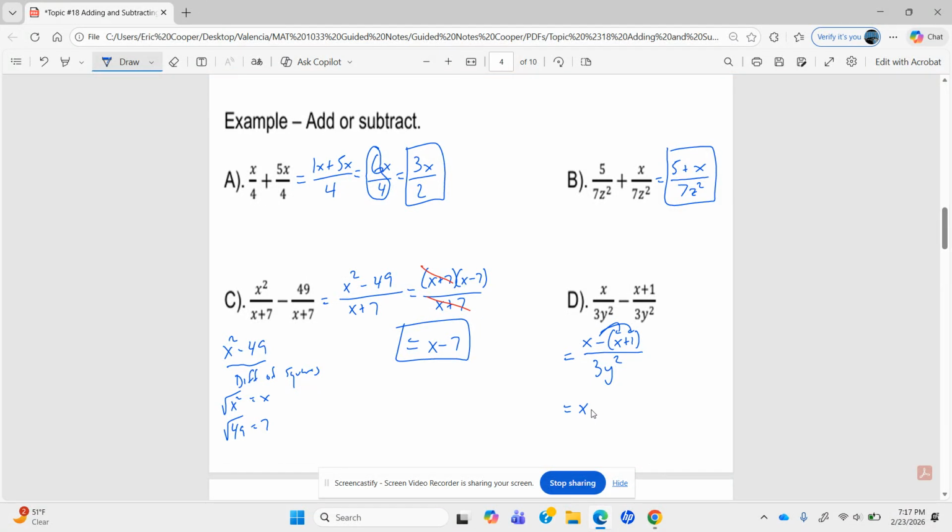The opposite of x is negative x. The opposite of 1 is negative 1. Still over 3y squared. The x minus x cancel and simply leaves me with negative 1 over 3y squared. Make sure when we subtract, we want to subtract the entire quantity that is in that second polynomial.